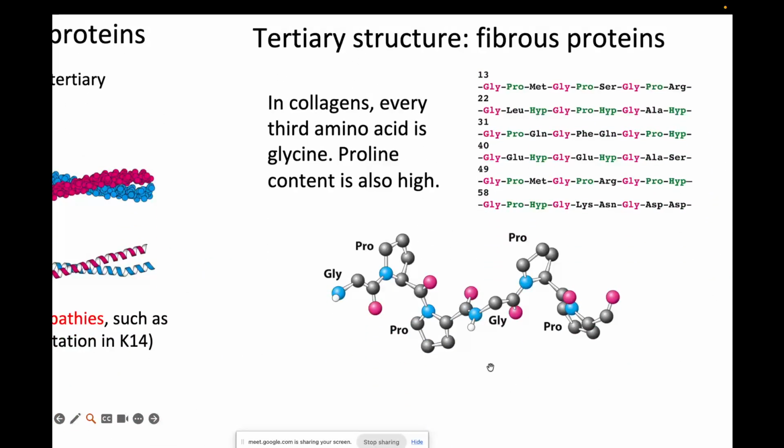And then this is another fibrous protein, which is collagen. A very interesting thing in collagen is that every third amino acid is glycine, and the proline content is also very high.